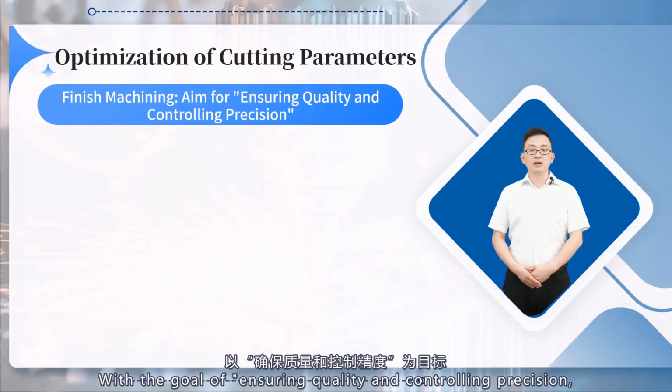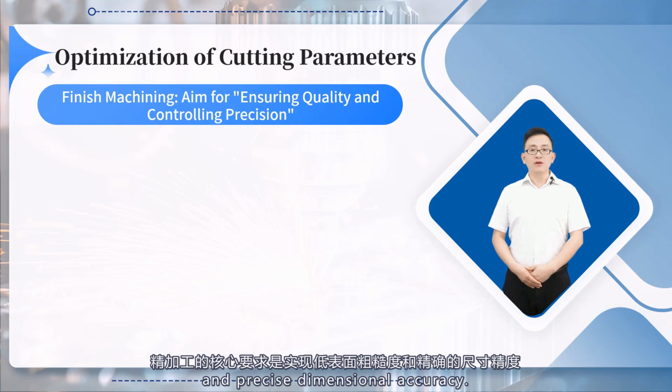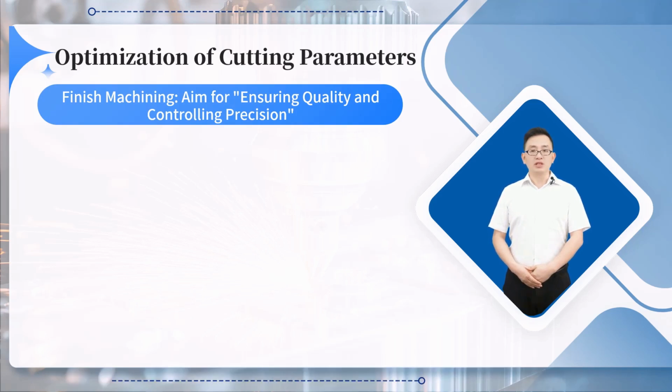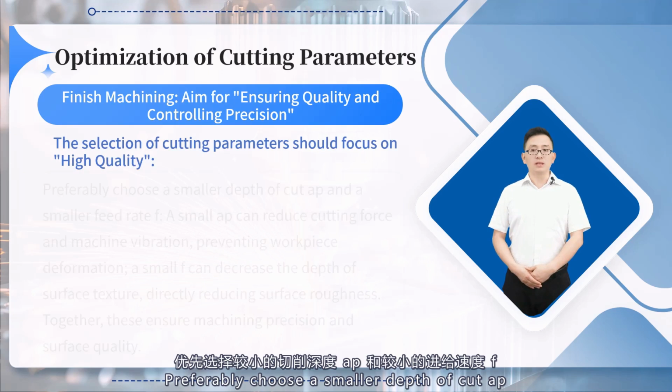Finishing, with the goal of ensuring quality and controlling precision. The core requirement of finishing is to achieve low surface roughness and precise dimensional accuracy. Therefore, the selection of cutting parameters should focus on high quality.